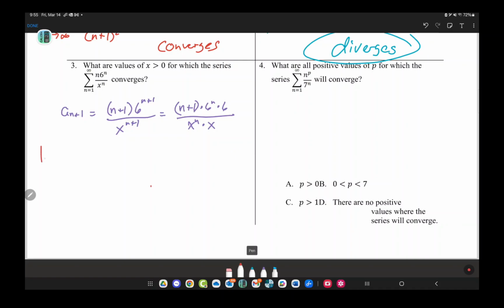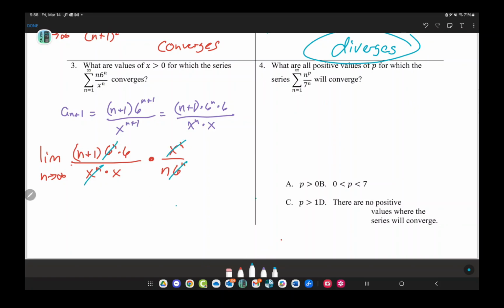So we take the limit as n goes to infinity of n plus 1 times 6 to the n times 6 over x to the n times x, times the reciprocal, x to the n over n times 6 to the n. So 6 to the n cancels, x to the n cancels.